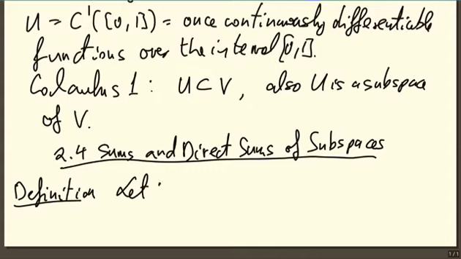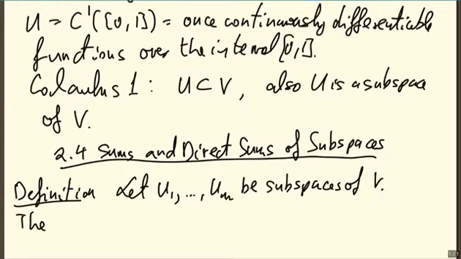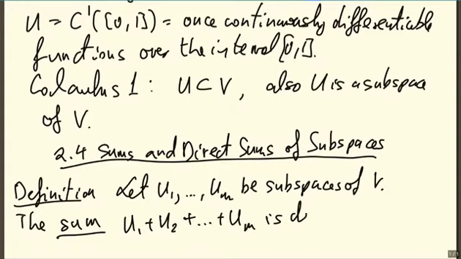Let U1, ..., Um be subspaces of V. The sum U1 plus U2 plus all the way to Um is defined to be the set.